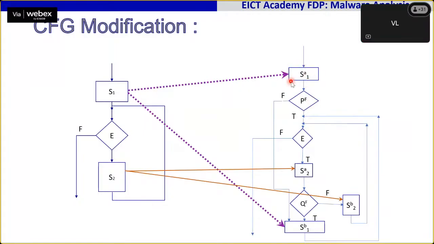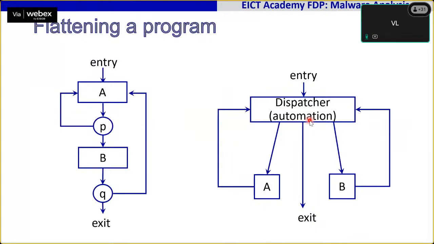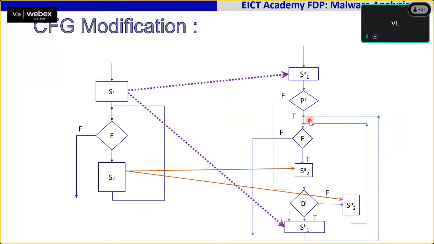If you look carefully, the initial part of the block is executed, then this predicate is always false, so it comes here. This part of the block is executed, and then it comes here, and then it is again the loop which is being executed. Now again here, this will be executed. This is always false, so this will be executed. Again, this block is also divided into two. If you look at the right hand side, it is going to execute the same set of instructions in the same order as this one.